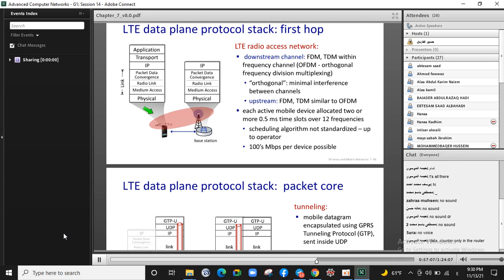And here we can use a similar, orthogonal technology to send information without any interference. And for upstream, we can use FDM or TDM technologies.